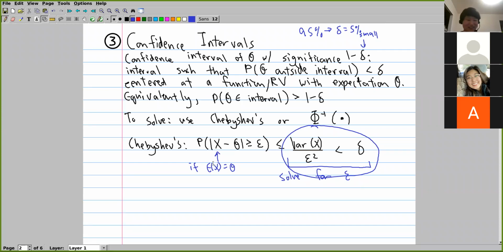Oh shoot, okay, sorry. We're starting at 8:10, but in Berkeley time I'm giving a review. Okay, there's one more approximation you can use, which is the normal approximation.